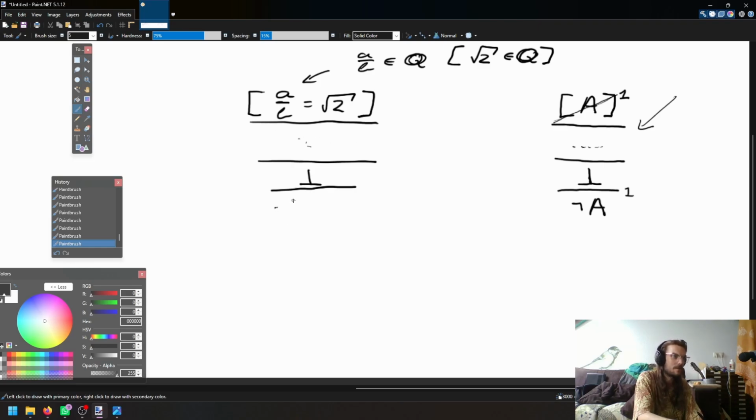So square root of 2, not an element of the quotients. Because this was our assumption, and we conclude the negation of it, and then we lift our assumption. We're not allowed to use this anymore as a statement, and we have proven the negation of the assumption by contradiction. Okay, that was a lot, so take a little bit of time to take it in maybe.